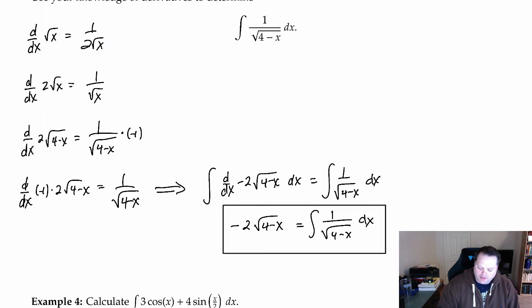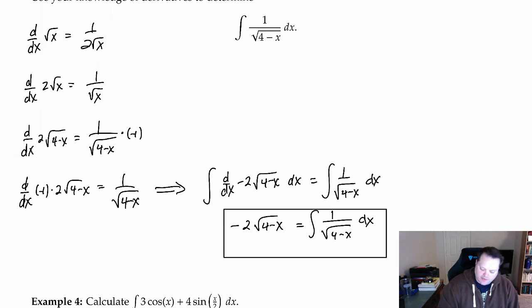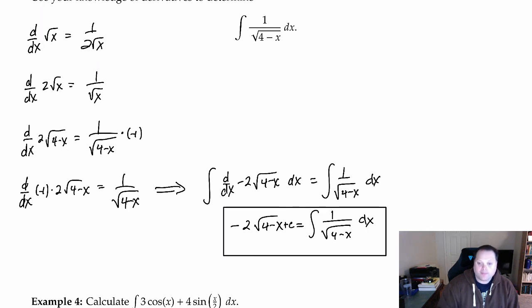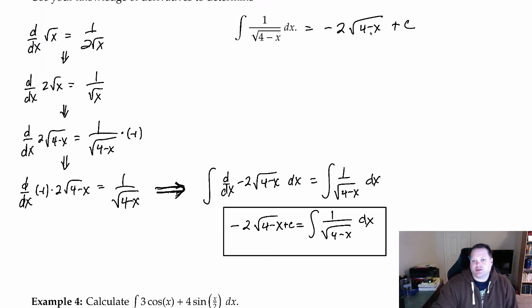Now, the one thing that we neglected to put here is a plus c, so don't forget that. All I'm doing is just working backwards with the derivative to obtain the function that's in the integrand here. So I keep working backwards. This implies this, which implies this, which implies this, it's just a chain of working backwards, understanding what we know about derivatives. So this is negative 2 square root 4 minus x plus a constant. And if you were to differentiate this, you'd get back to this function.